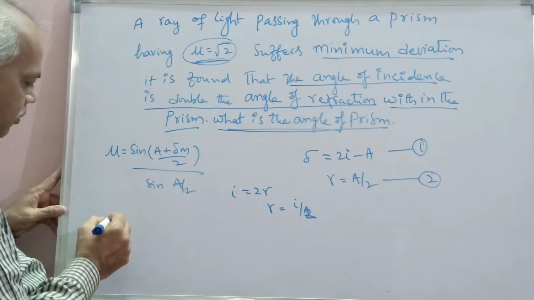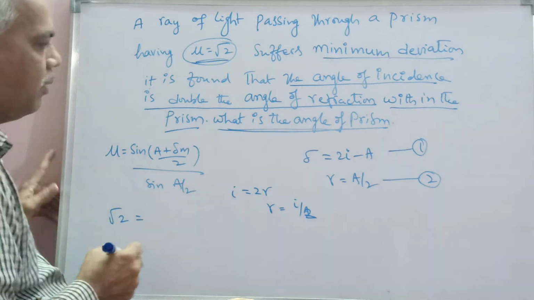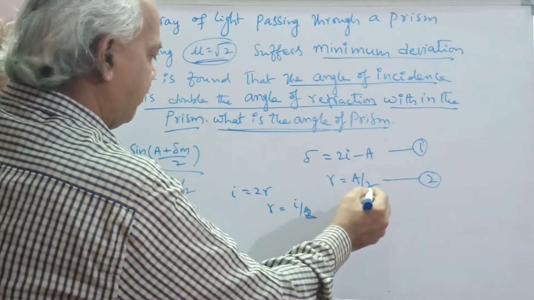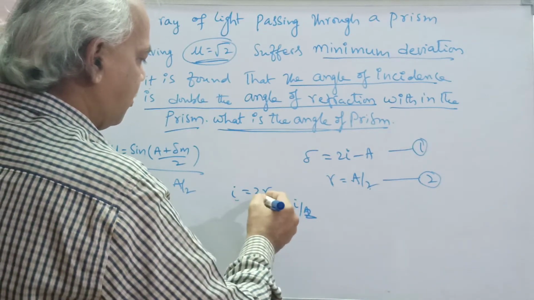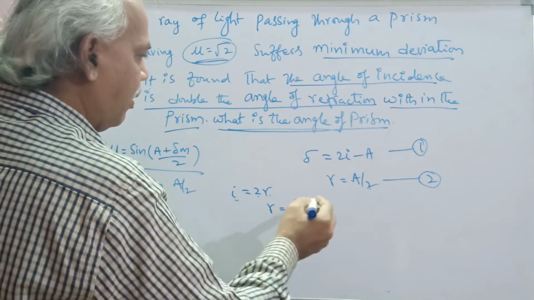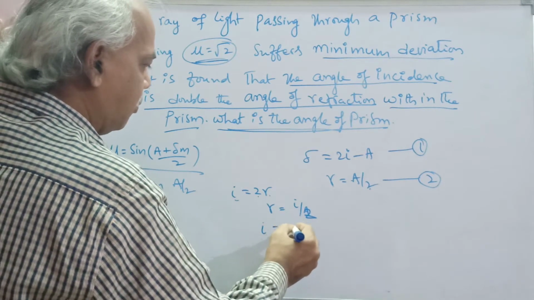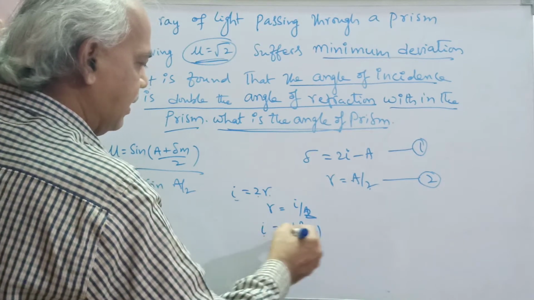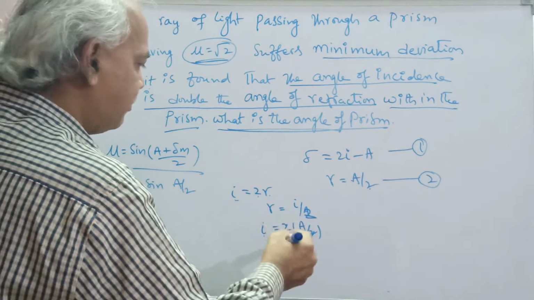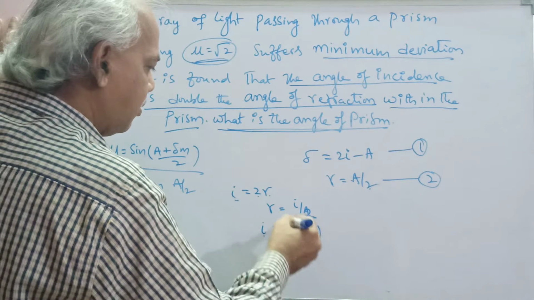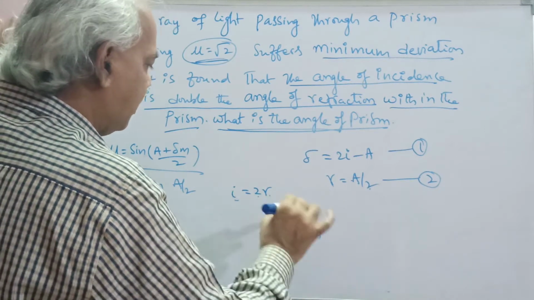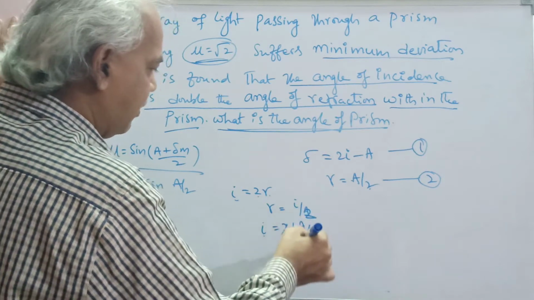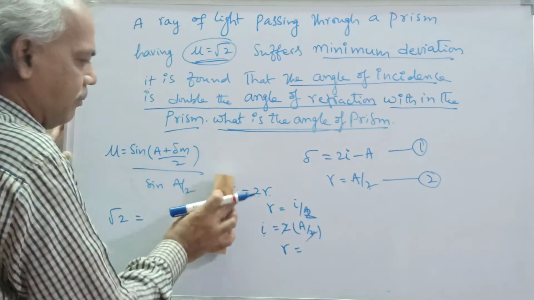This is root 2 is equal to, what is the value here? r is equal to A by 2 and i is equal to 2r. So i is equal to what? 2 into r value, which is A by 2. 2 will cancel, i is equal to A. Then r is equal to A by 2, since r is equal to i by 2.